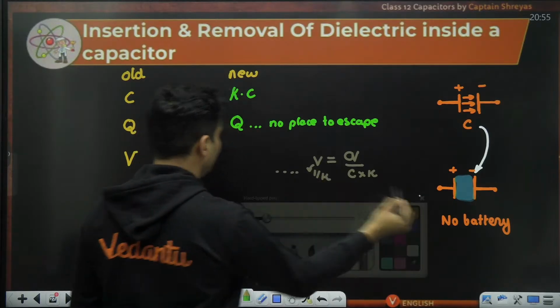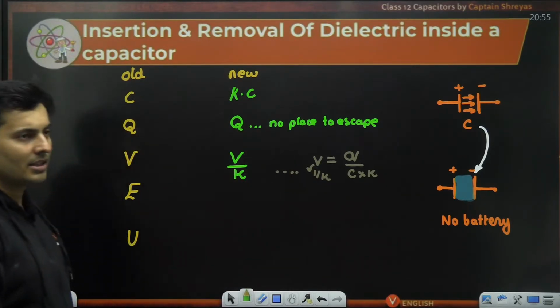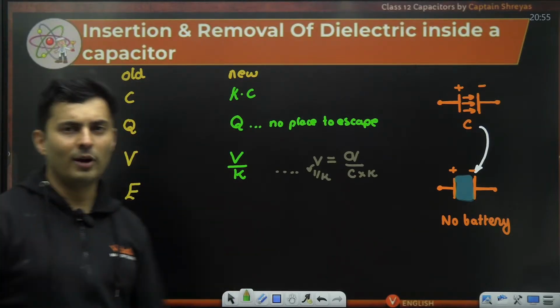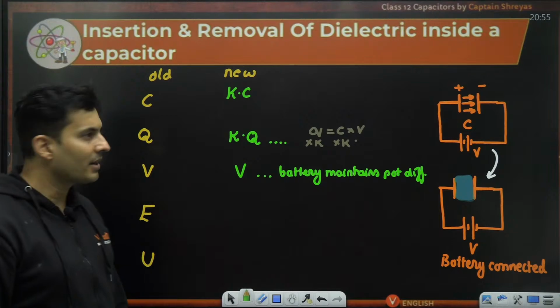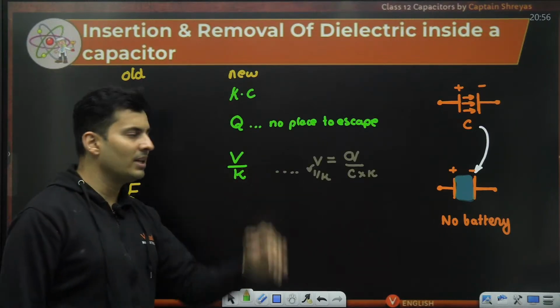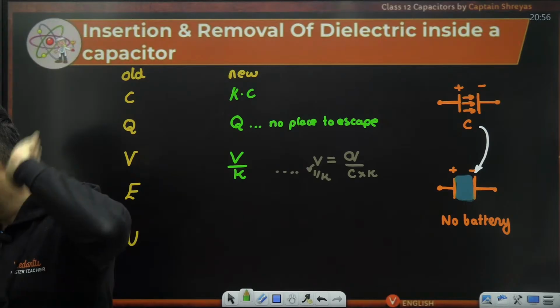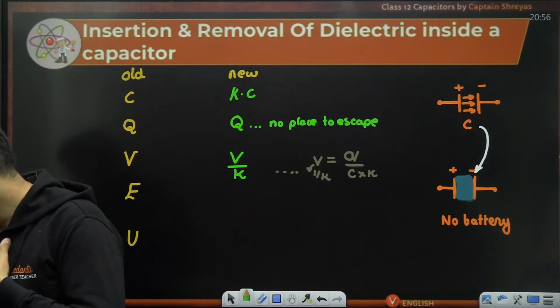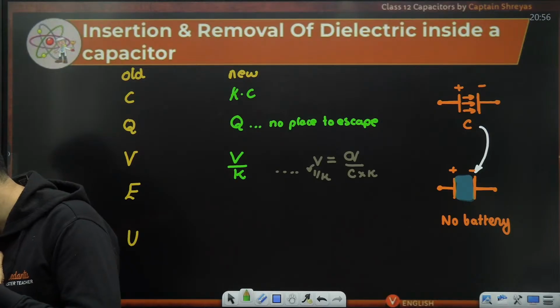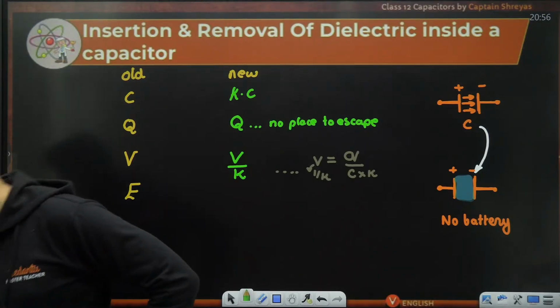So 100% the voltage will now become V by K. That is what will happen. Charge will increase here K times. Here voltage will decrease by K times. Is this logic absolutely clear, everyone? Perfect. Absolutely clear, my dear students.